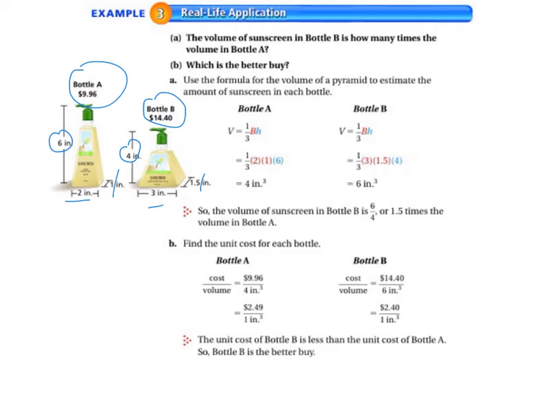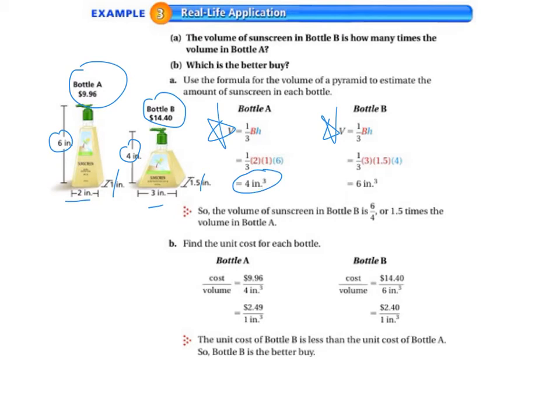It says use the formula for the volume of a pyramid to estimate the amount of sunscreen in each bottle. So we write our formula twice, once for each bottle. 1/3, looking at bottle A, 1/3 times the area of the base, so that's 2 times 1, times the height, which is 6. That gives us 4 cubic inches.